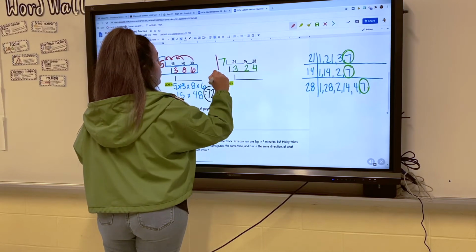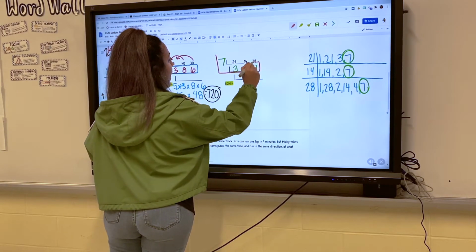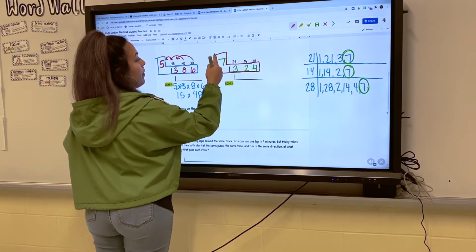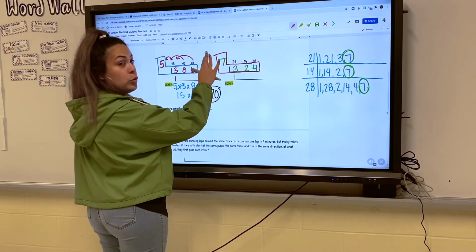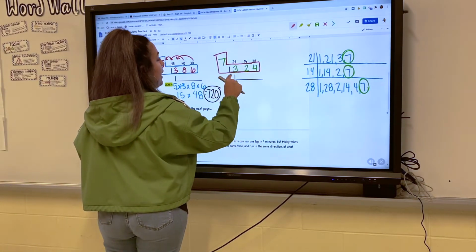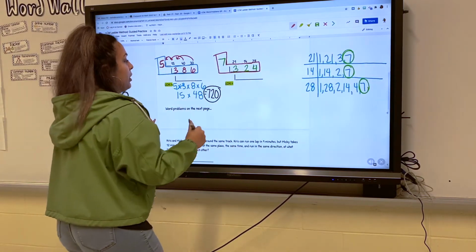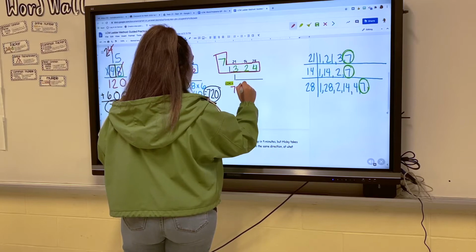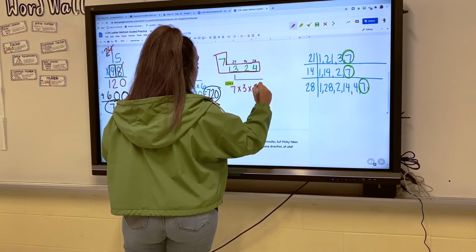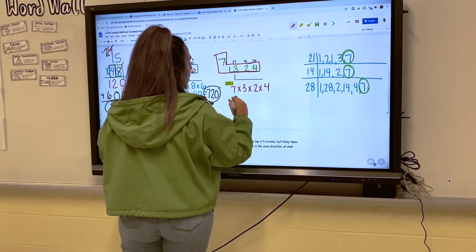So I'm going to draw my L around my numbers on the side and on the last row that I wrote on. So now I'm going to do 7 times 3 times 2 times 4.